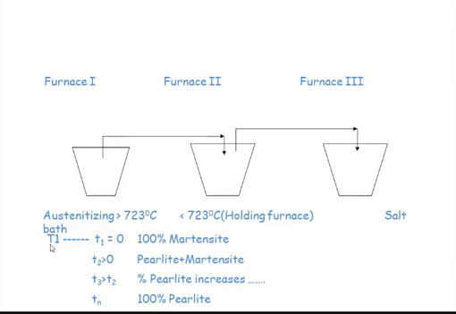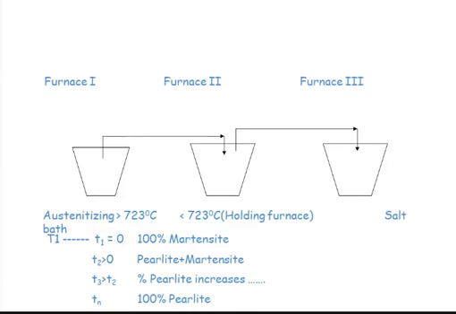Like that, we keep increasing the holding time of the sample in furnace 2, and in the final sample we obtain 100% pearlite. So what we have done is increase the holding time of the samples from 0 to n, and finally obtained a 100% pearlite microstructure.